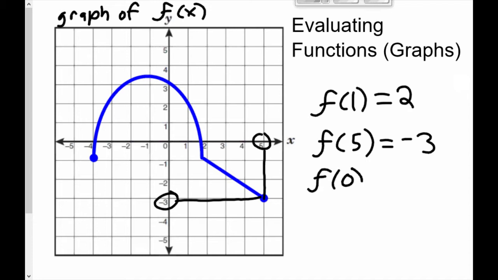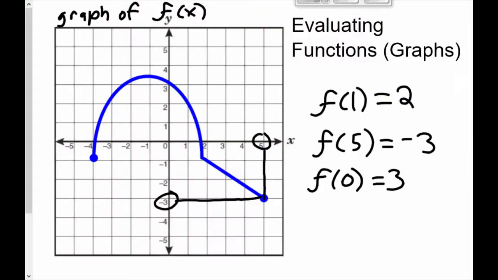So we'll find f of 0. So I'm gonna give you a moment to look at f of 0, see what f of 0 should be. Again, find 0 on the x-axis, go to the graph and find a corresponding y value. And of course, you should have got that f of 0 is 3. So that's evaluating functions from graphs.